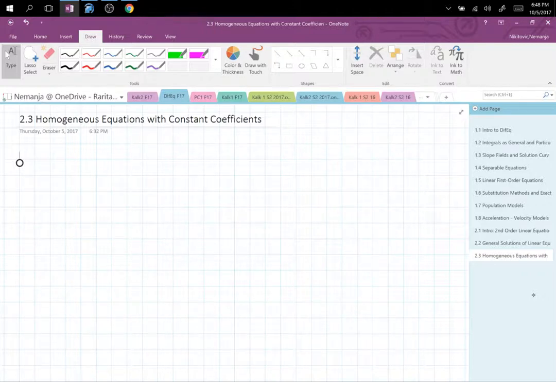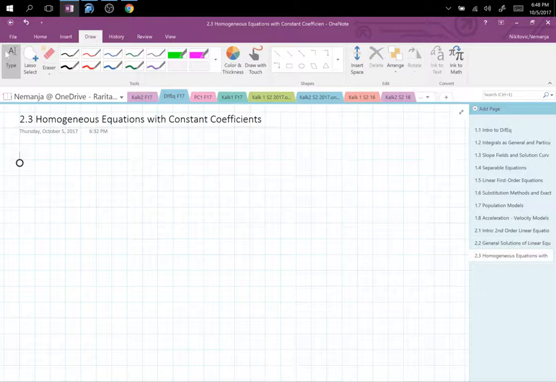We're going to utilize the characteristic equation, which is going to resemble a polynomial. We find roots. Roots can be real, repeated real, or complex, which will trigger different types of solutions for our differential equation.